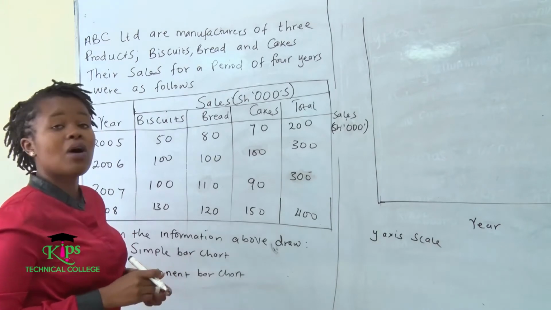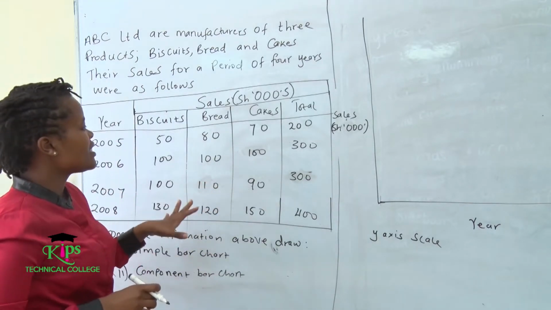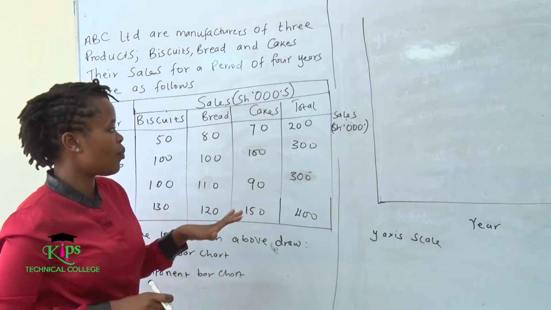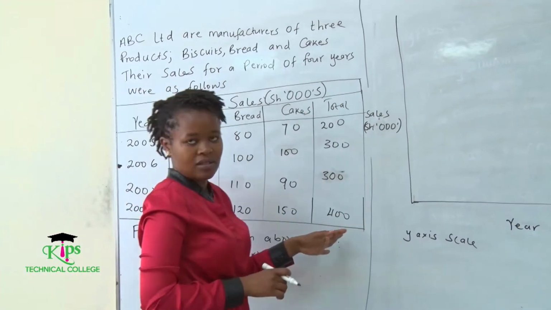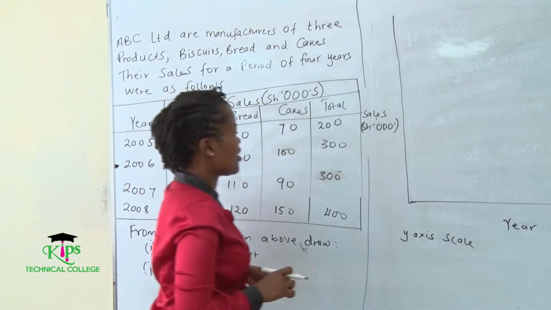And then we label our axis. Since we are only coming up with a simple bar chart, we will only put into consideration the years and the total sales for the 4 years.